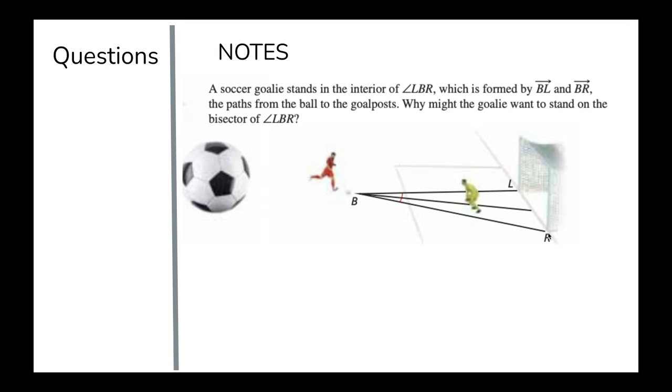And this is formed by BL as a ray over here and a ray BR there. With this, the question comes up. Why might the goalie want to stand on the bisector of angle LBR? Could you think of any reason why this goalie would want to position himself on the angle bisector of LBR?